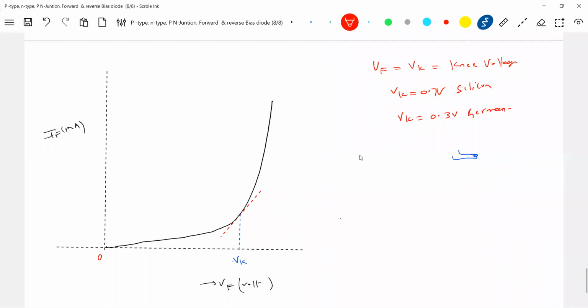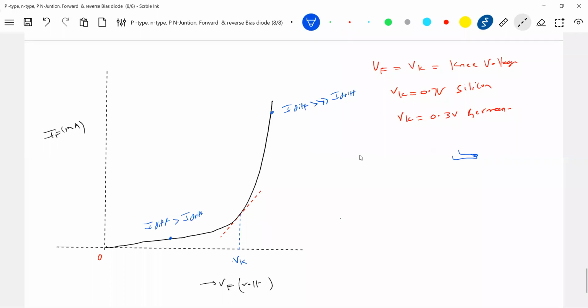What about in this region here? I diffusion is greater than I drift. What about here? I diffusion is very much greater than I drift. Minority carriers will be there, but they're negligible. We need not bother about that.